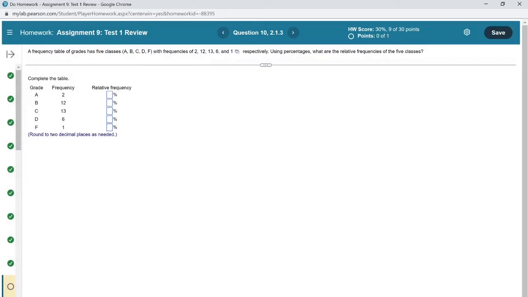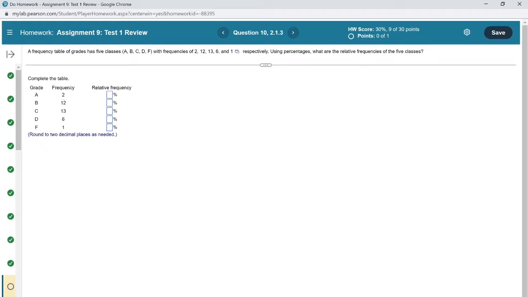For this problem, you are given data with the frequency. Relative frequency means percentage for each data. To answer this question, first you need to find out how many data there are by adding all these frequencies. Then divide each frequency by the total number and multiply by 100 to get the relative frequency.